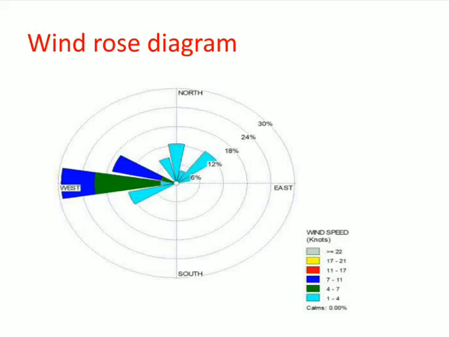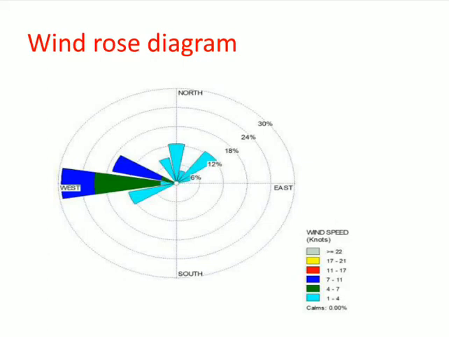It means in a particular time, the wind flowed with a speed of 7 to 11 knots. For each range of speed a color has been given.